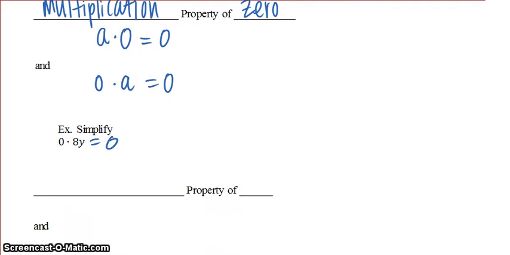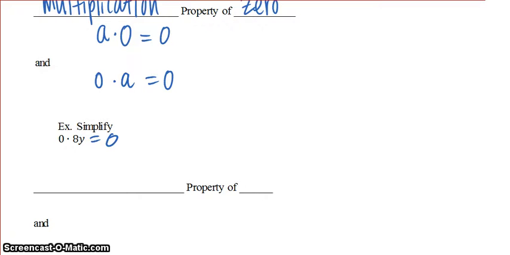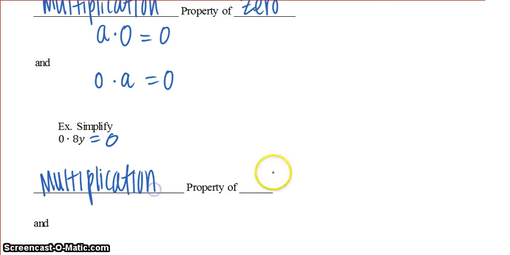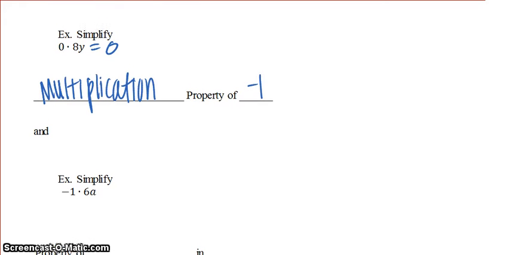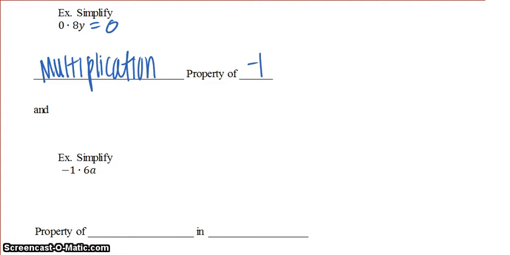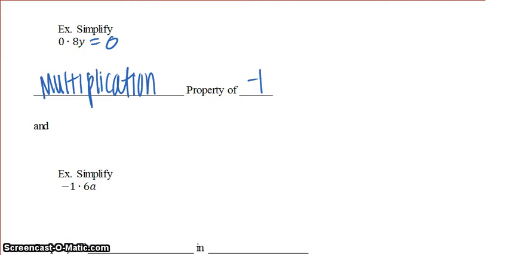And moving right along, we're going to have another one very similar to the multiplication property of 0. It's the multiplication property of -1. Again, it could be referenced as the multiplicative property of -1. Well, this time we're multiplying it by a -1.